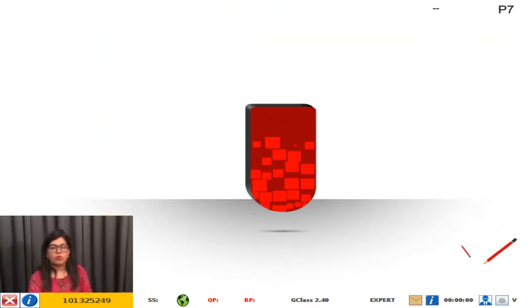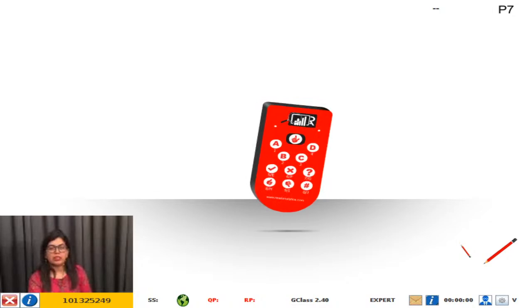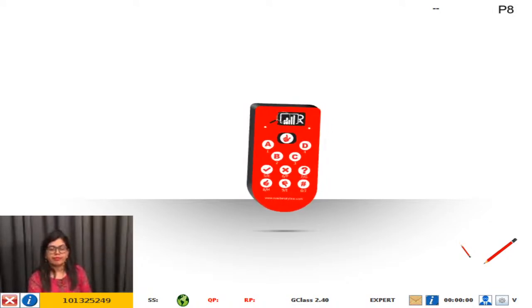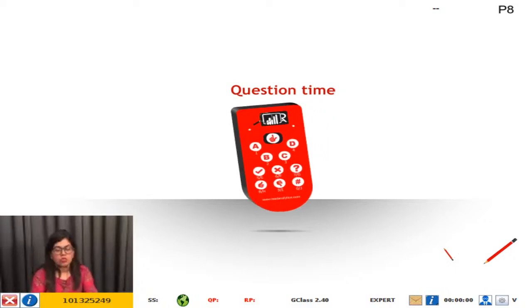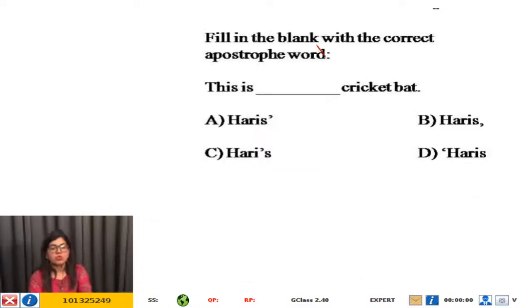So here I have another question for you. All of you take out your clicker devices. What is there in the question? Fill in the blanks with the correct apostrophe word. This is dash cricket bat. Now you have to choose the correct answer, A, B, C or D. I'm giving you all 40 seconds to answer this question.